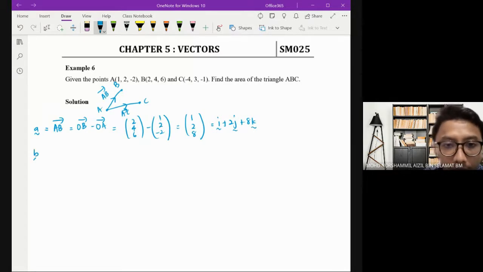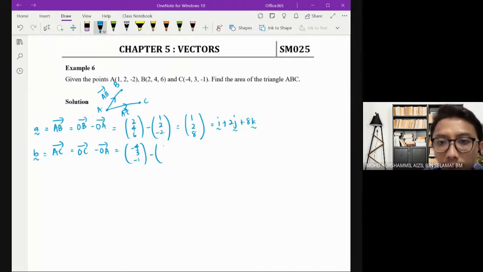Okay, so for vector B, we need to find AC. How do we obtain AC? OC minus OA. So what is C? Minus 4, 3, 1, minus A which is 1, 2, minus 2. So calculate. We get minus 5, 1. Minus 1 plus 2 is 1.